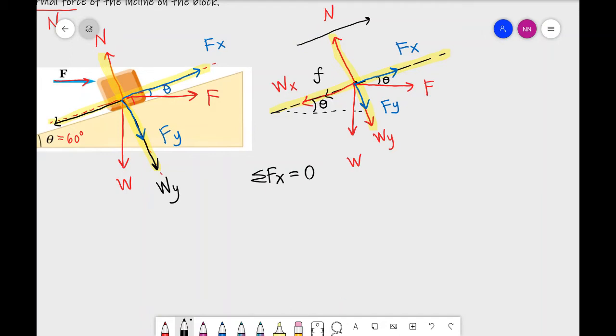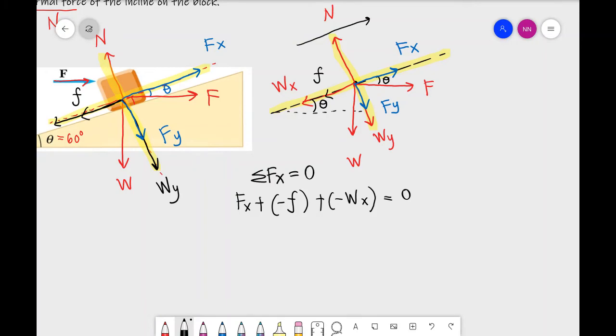So we have Wx, friction and Fx in the x component: Fx plus negative friction, because it is opposite the direction of motion, plus negative Wx equals 0.